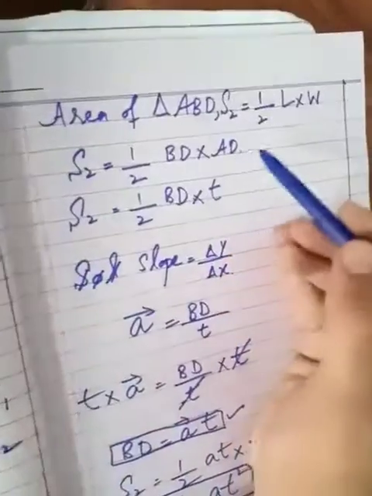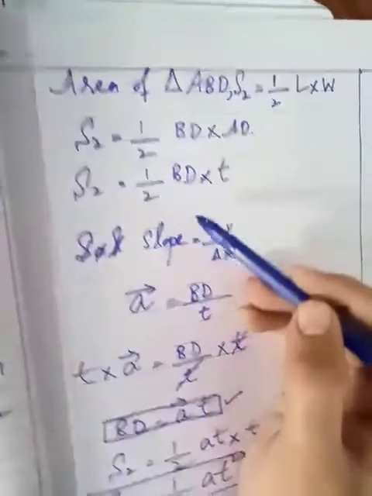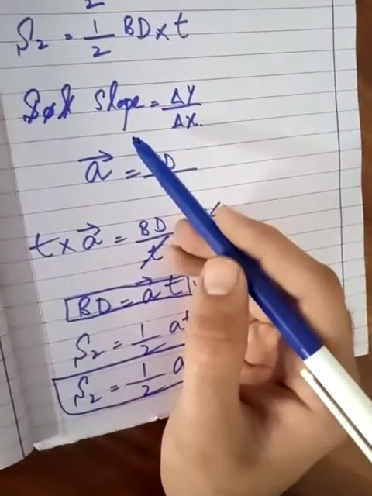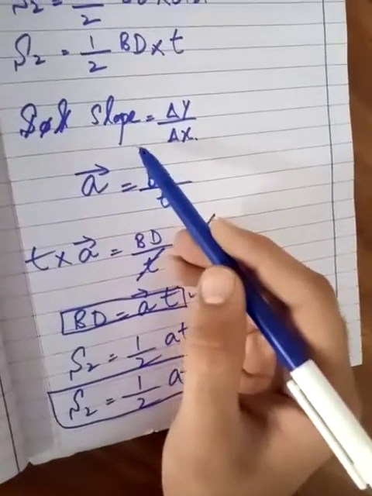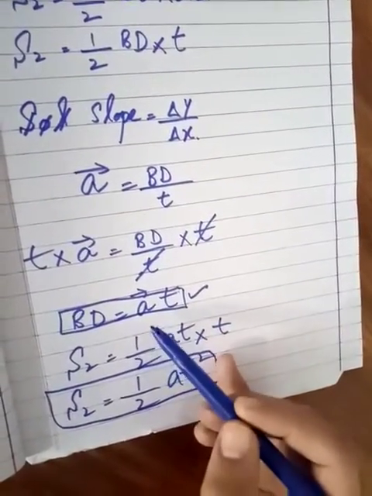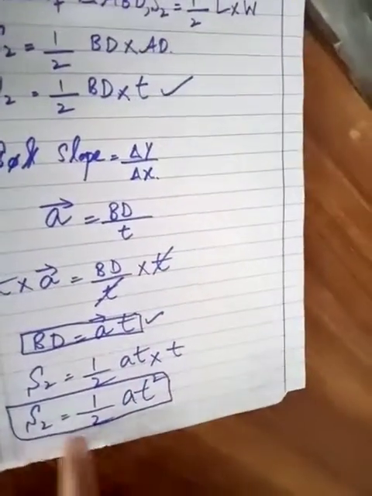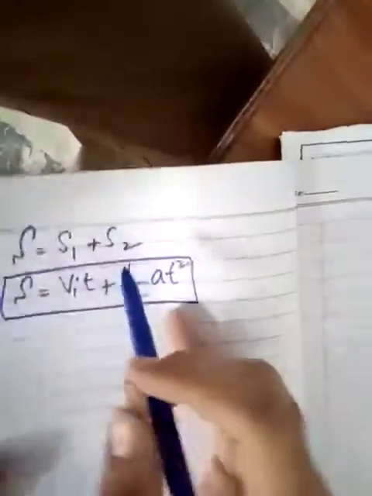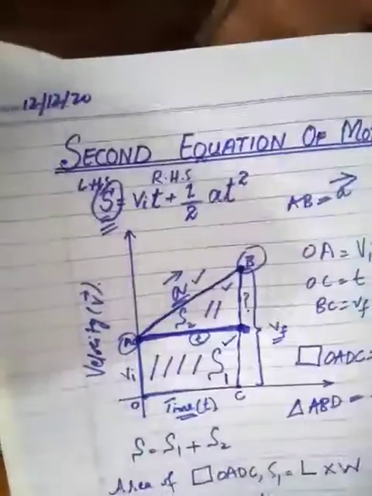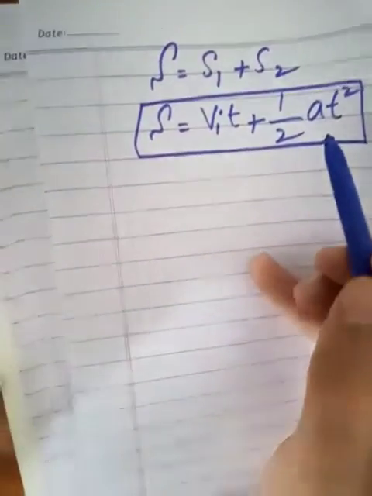By putting the values, AD is time, while length BD is unknown, so we have to use the formula of slope to find the value of BD, which is equal to AT, and we have put this value in that equation, S2 is equal to half AT square. And again we have put the S1 value and S2 value in that equation to find S is equal to VIT plus half AT square.